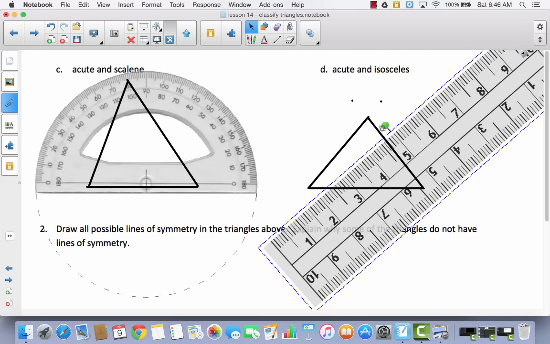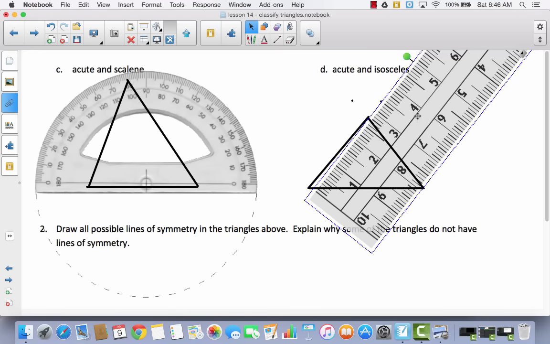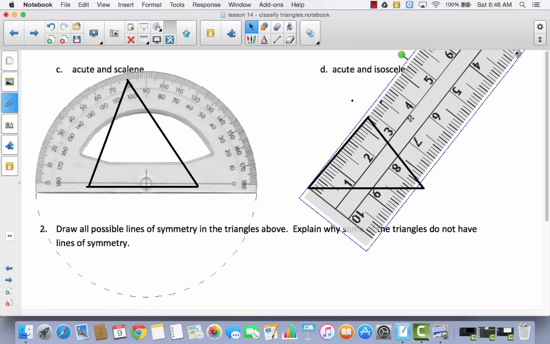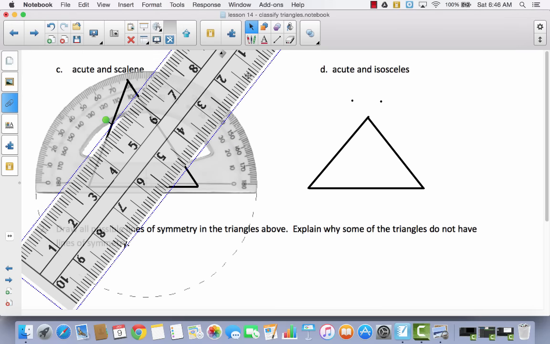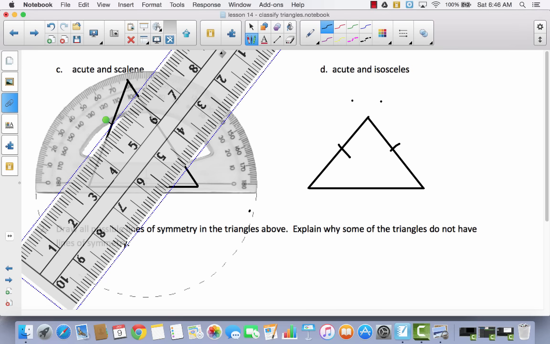Yours may not be exactly 2.8 centimeters, but as long as they're close to being equal, that's fine. Okay, so this one is 2.8. Good. All right, so let's go ahead and label these with our tick marks to show that these are the same length. Okay, so this is the same length as this.